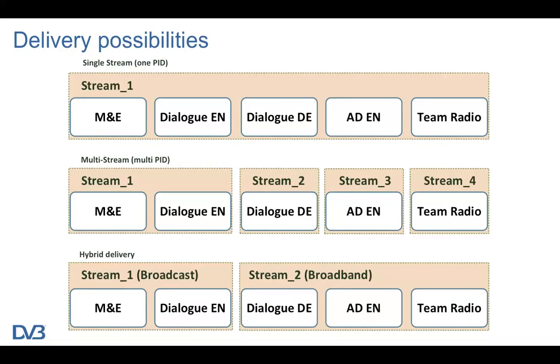Or we come at the bottom to the hybrid delivery case, where our essential main components are delivered over the broadcast bit stream, but the enhancing components, the extra dialogue in alternative languages, the team radio, the audio description, is synced up from maybe a DASH bit stream, allowing your receiver to use the two different platforms to offer the full experience.